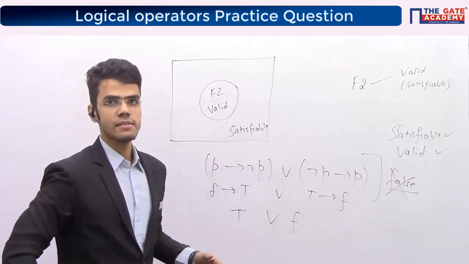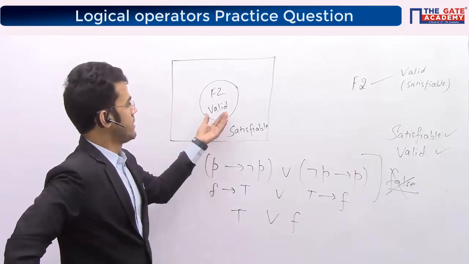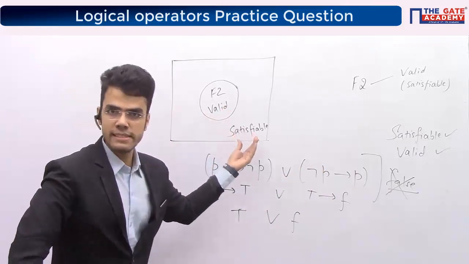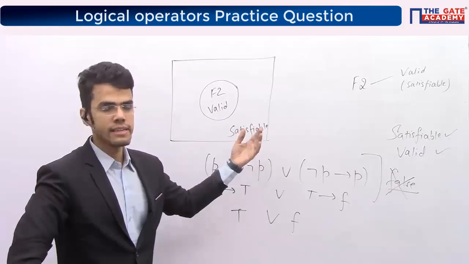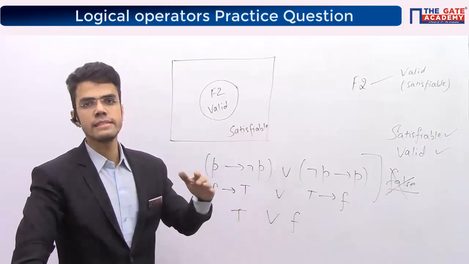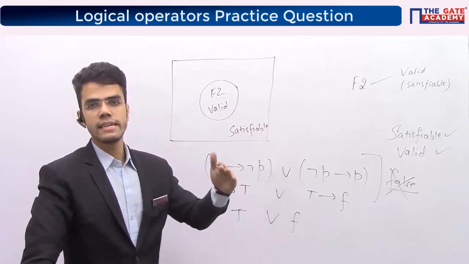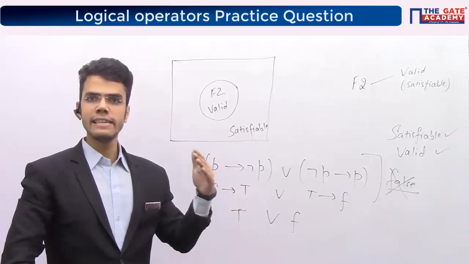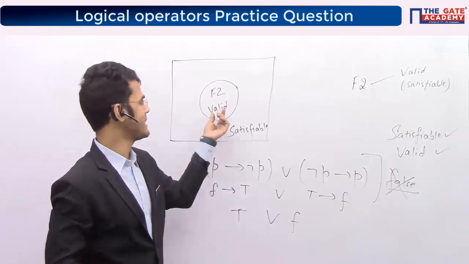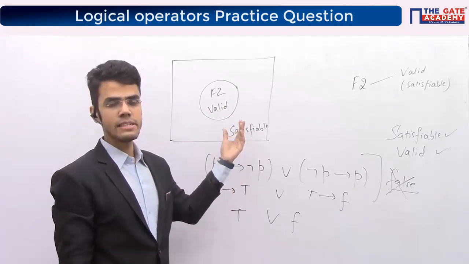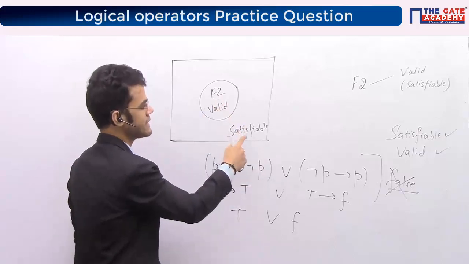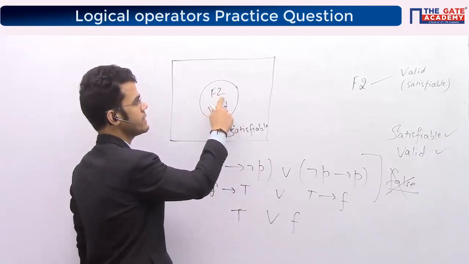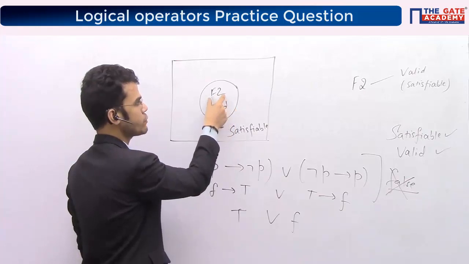Asking valid or satisfiable. As I explained, all valid expressions will be satisfiable. If you have to mark whether F2 is valid or satisfiable, you will say that F2 is valid, right? Because valid automatically implies that it is satisfiable. I explained in this Venn diagram that whatever is valid will be satisfiable. So if I put F2 here, it will clearly say that F2 is valid.